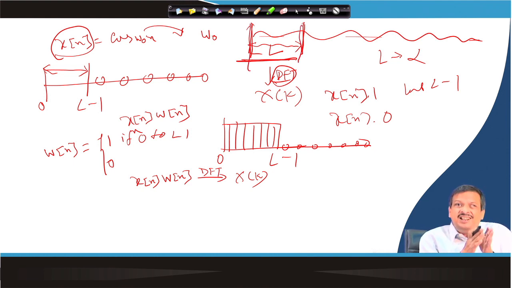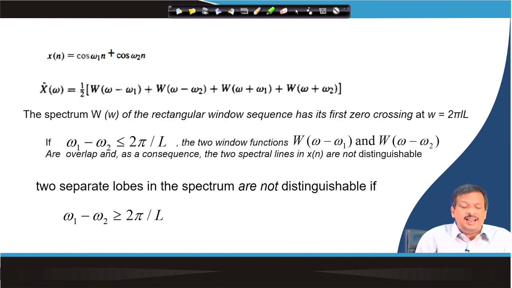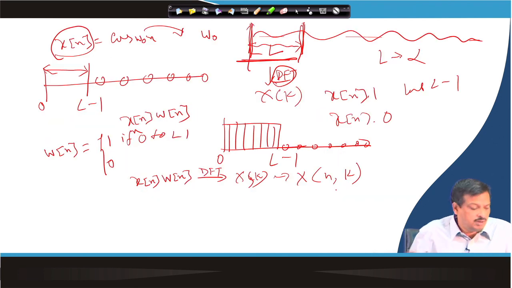So, that DFT is not X of k, it is defined by which window. So, I discretize the time also. Here time also has an index, so that is called X of n, k. Now, what is X of n, k? If my signal is only cos, let us take another slide here.